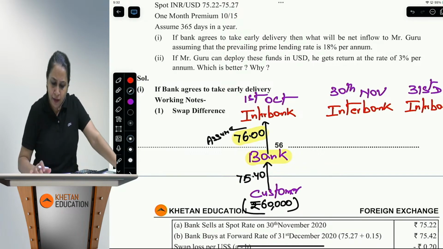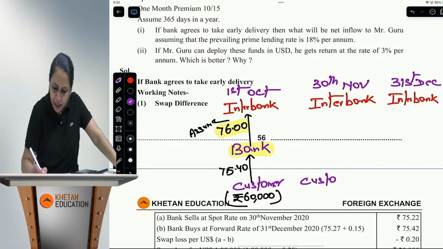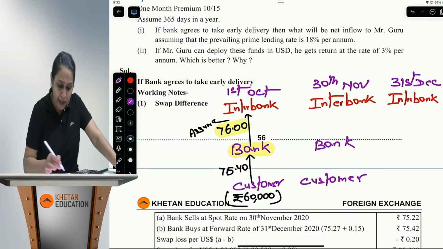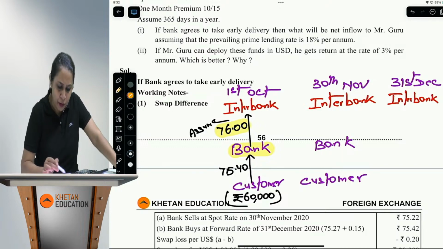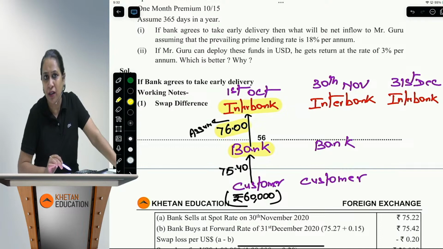Now, what happened? This guy came on this date, 30th of November, and again I write here, customer. He says, please take my currency today only. Now the bank is in a problem. Why? Because the bank has promised this particular bank that I will give you $1 lakh after 3 months.